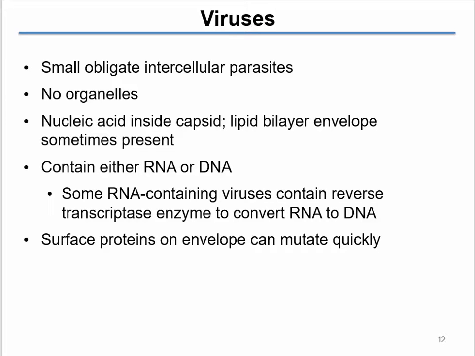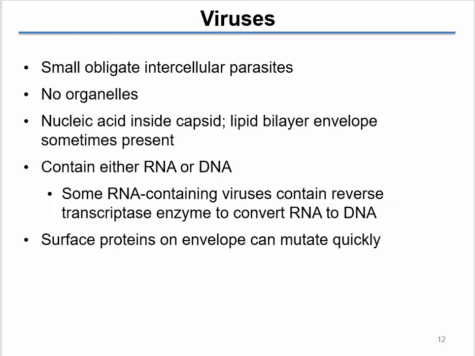Some viruses actually have an enzyme or make an enzyme that will allow the RNA that makes the virus to convert to DNA. These ideas are important for treatment. The HIV virus, the human immunodeficiency virus, is one of these.